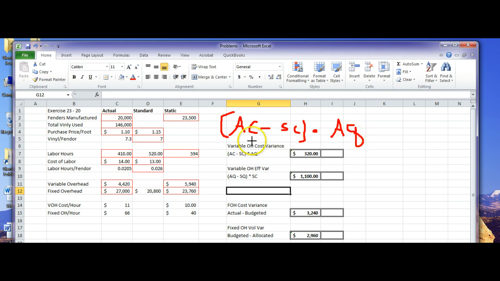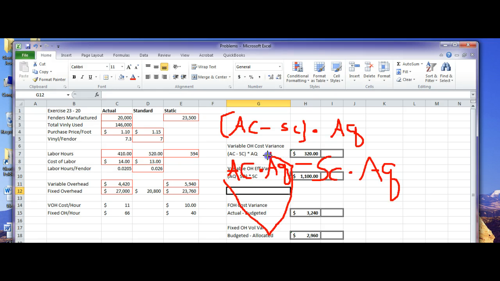So then, in order to get the formula that they want from the drop-down menu, you take AC times AQ minus SC times AQ. And then we also know just from studying the actual cost times actual quantity.